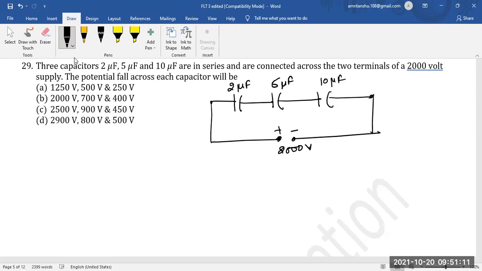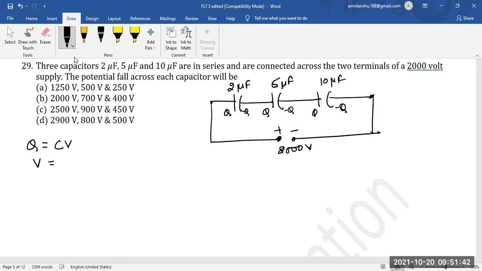Now what we know is here charges are going to be same, Q, Q, and Q, and obviously minus Q, and minus Q. So what we can say here is Q is equal to CV.